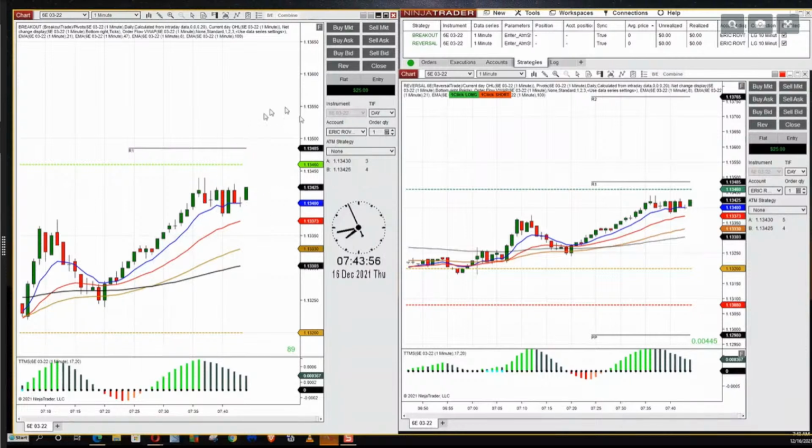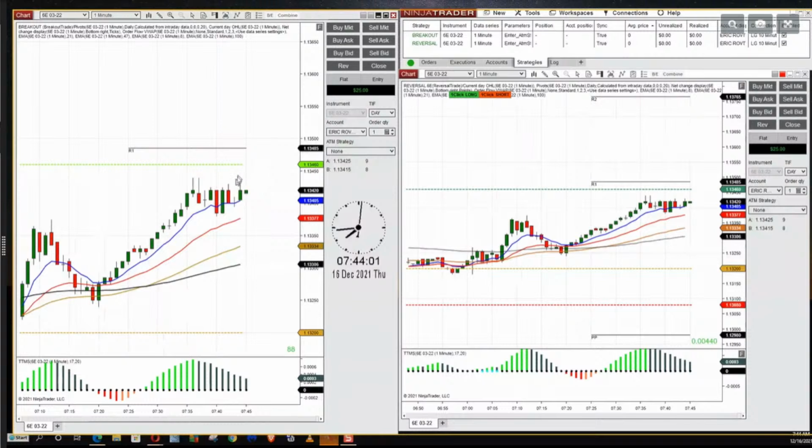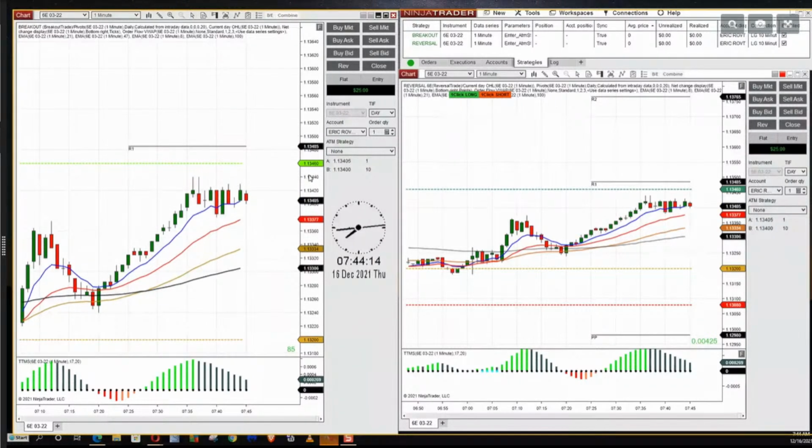Now my plan with one contract would be, if we get a burst in one direction rather than a whipsaw, then I'll try to trail my stop. That would be my goal, if I have the opportunity. And then we'll stay in the room for the 8:30 event.